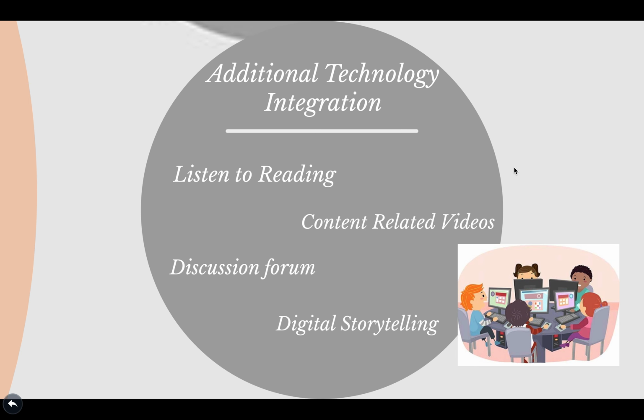Students can also use digital storytelling to retell a story in their own words. The discussion thread or digital storytelling are both great examples of a literacy center that could be used during center time in reading workshop. So these are really only a few examples of the many ways that you can integrate technology into an interactive teaching approach to literacy.